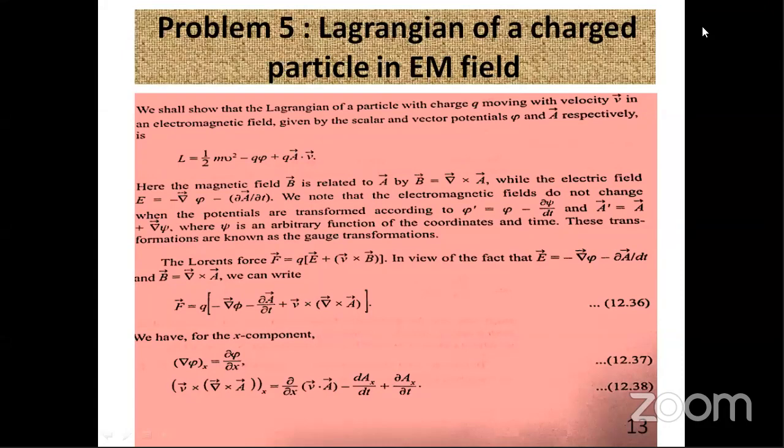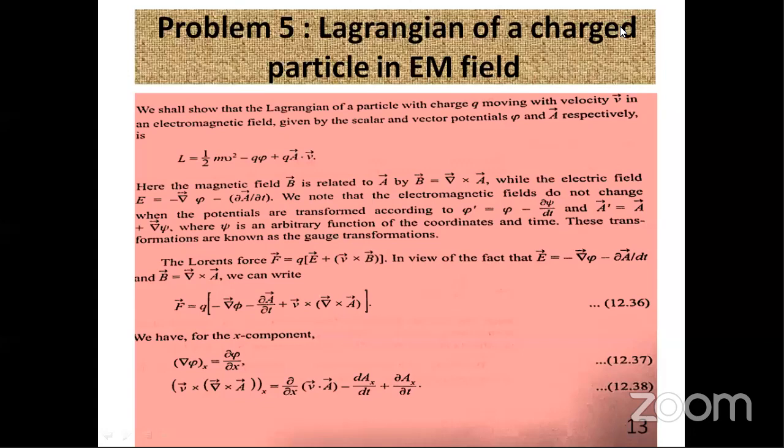Now, I'm sure all of us know that the magnetic field B is related to the vector potential by the formula B is curl of A. And why is B curl of A? Because Gauss's law in magnetostatics tells us that divergence of B is 0, and divergence of curl of a vector is 0. So B has to be curl of some vector.